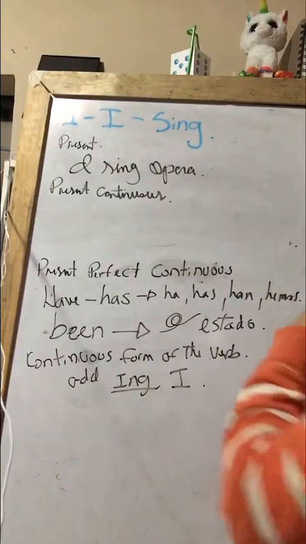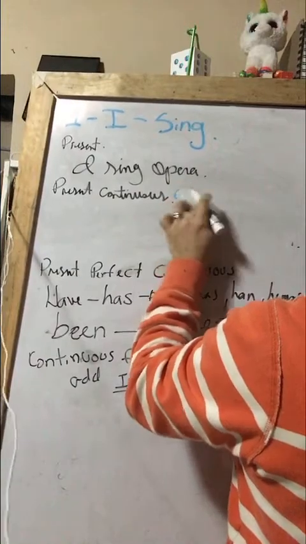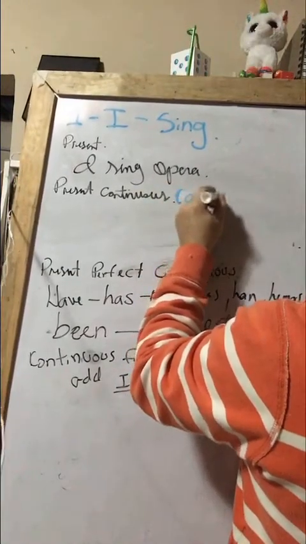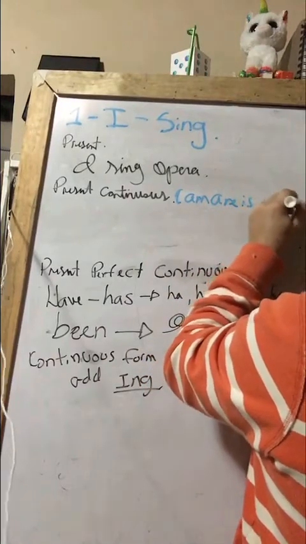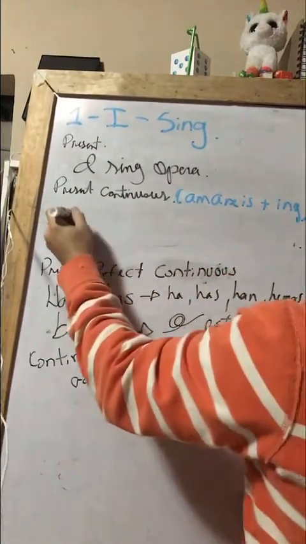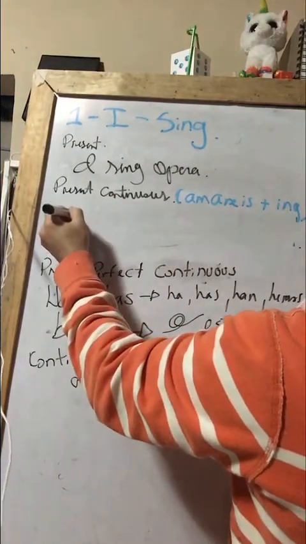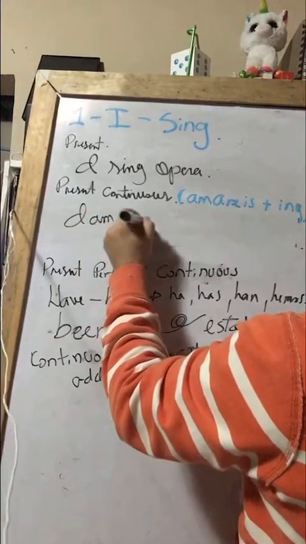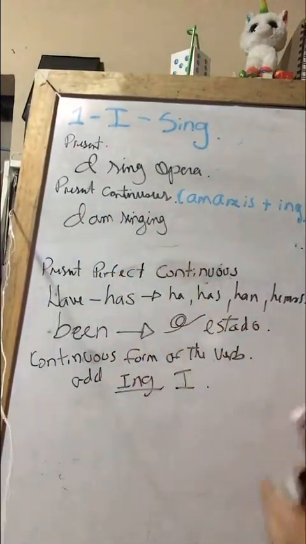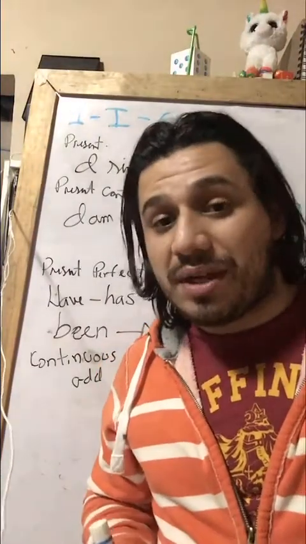So my sentence would be, remember, am, are, and is plus ing. Okay, so I am singing, not singing, because I used to say singing, and then my friend here will correct me.